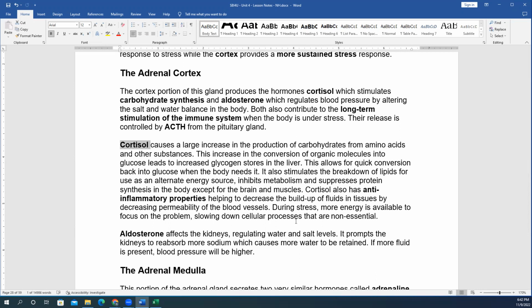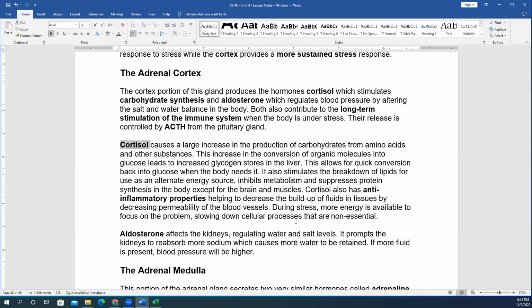This increase in the conversion of organic molecules, such as amino acids, into glucose leads to increased glycogen stores in the liver, and increased glycogen stores allow for a quick conversion back into glucose when the body suddenly needs it.